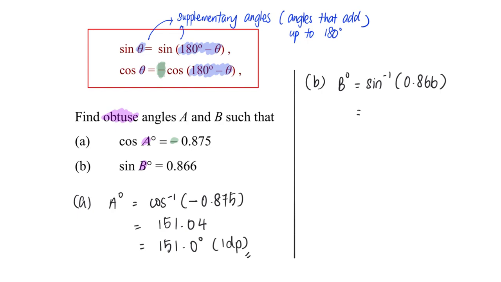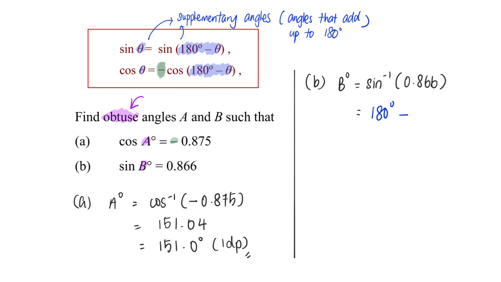But for this particular question, they already inform us that angle A and angle B are obtuse angles, meaning they are more than 90 degrees but less than 180 degrees. So straight away, I would tap on this knowledge, and I am going to minus away the acute angle that the calculator would give me.